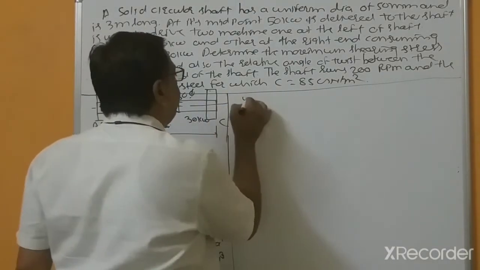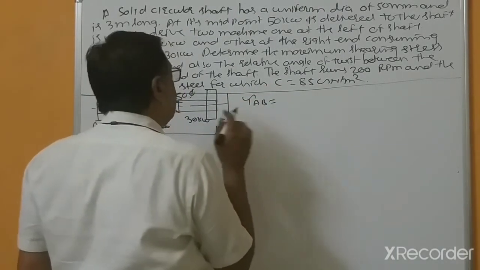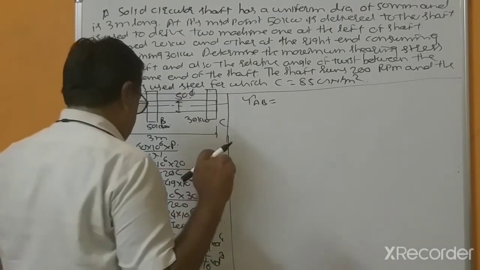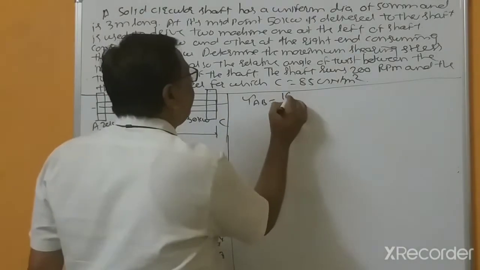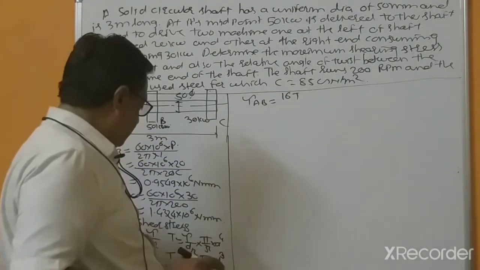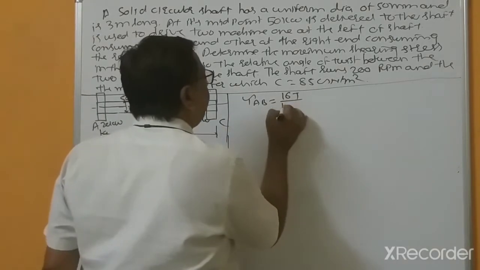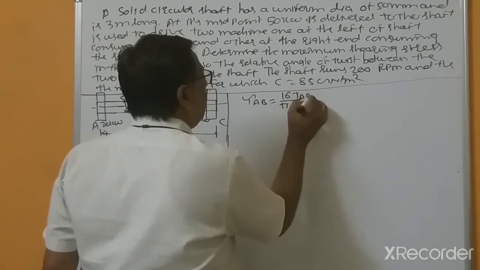So for AB, tau is to be calculated: tau equals 16T divided by pi d cube.